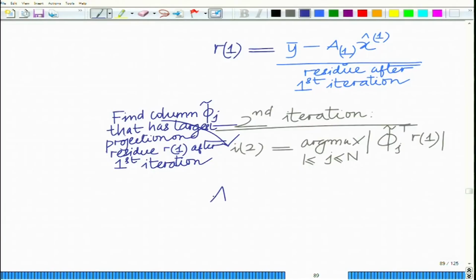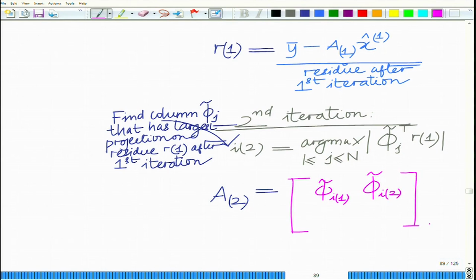Now, you augment your basis matrix. Previously you have a 1 column matrix phi tilde I1. Now you augment it with phi tilde I2. Okay.